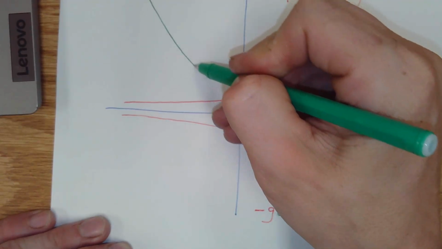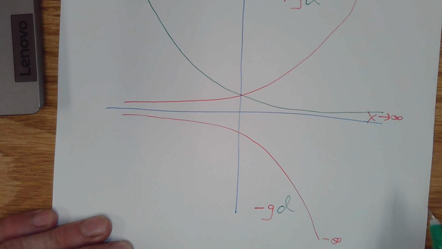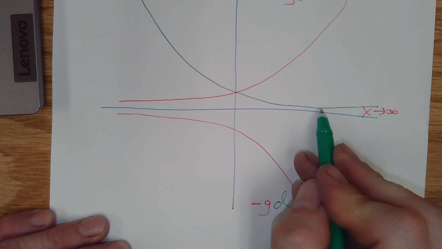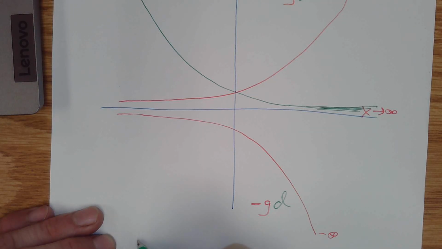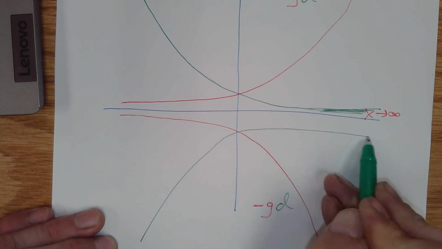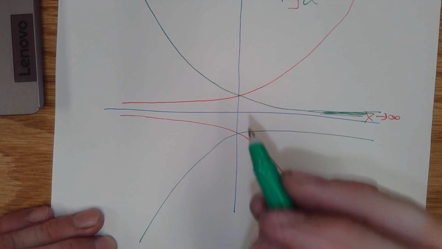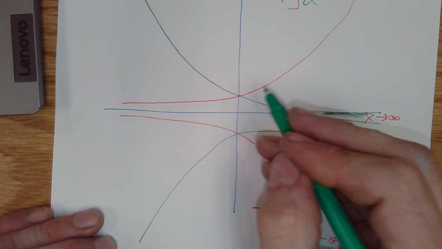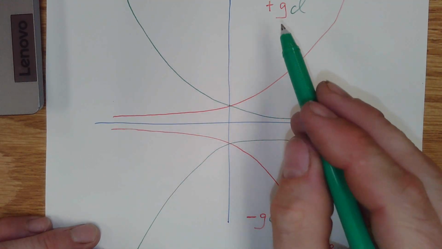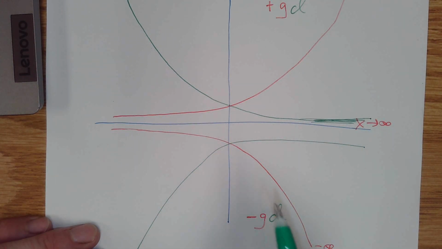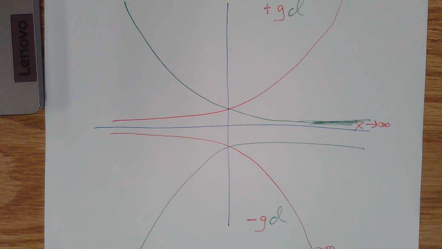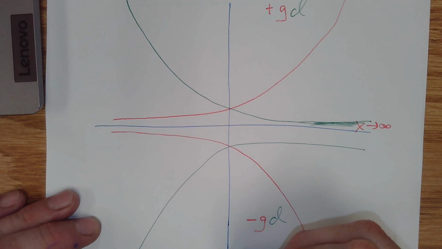It gets closer and closer to the asymptote as x approaches infinity, and so does the negative one. So that is what those look like: a positive growth, a positive decay, a negative growth, and a negative decay. All right, so what dictates what in my function?